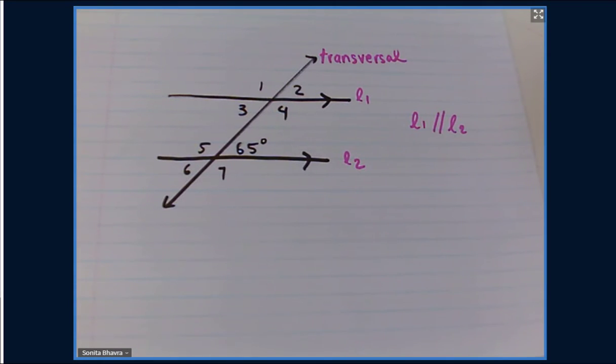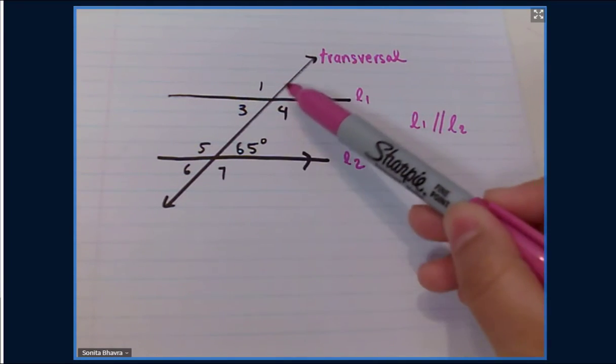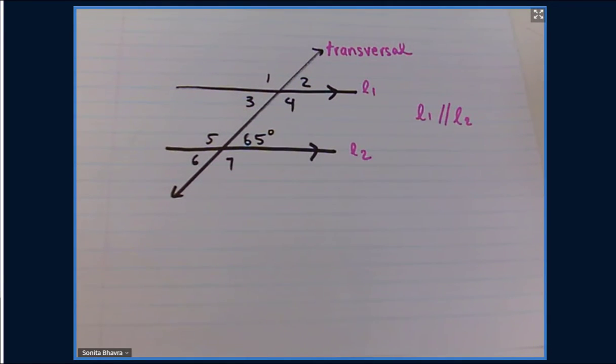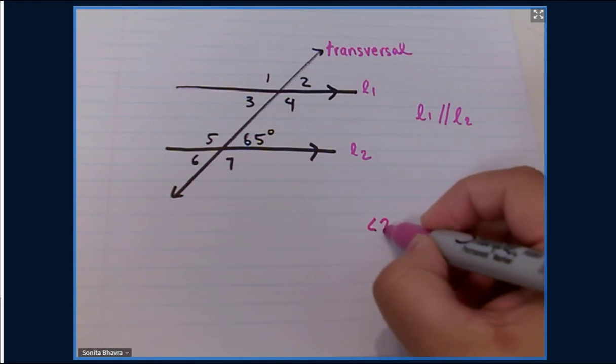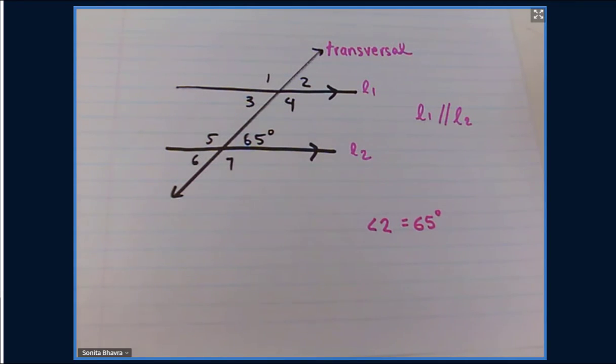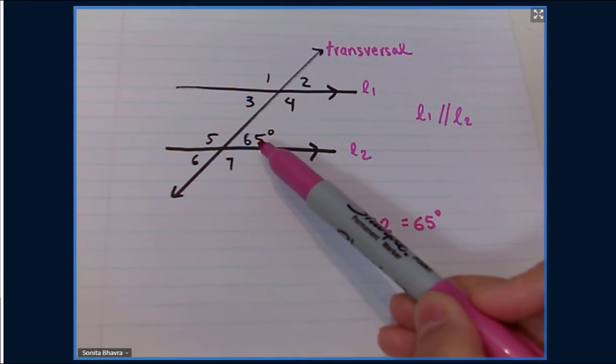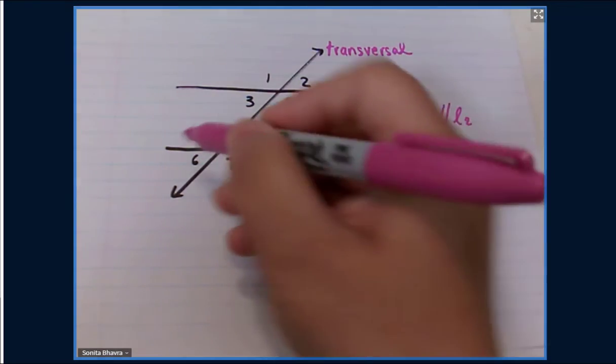All right, because we know the 65 degree angle is here, we know angle 2 will also be 65 degrees. So angle 2 is equal to 65 degrees. Because of our rule of opposite angles, we know that angle 6 will also be 65 degrees.